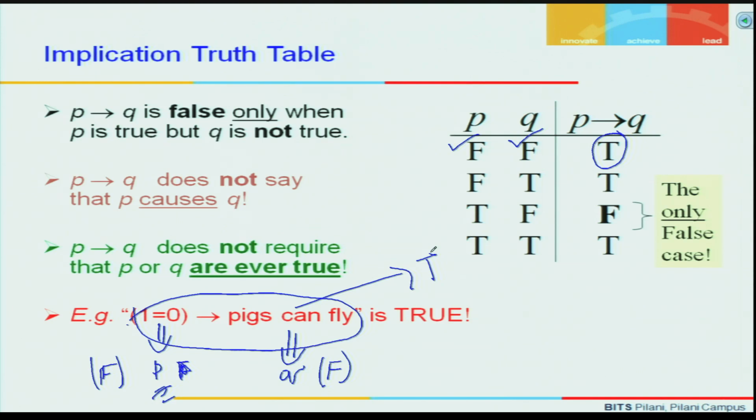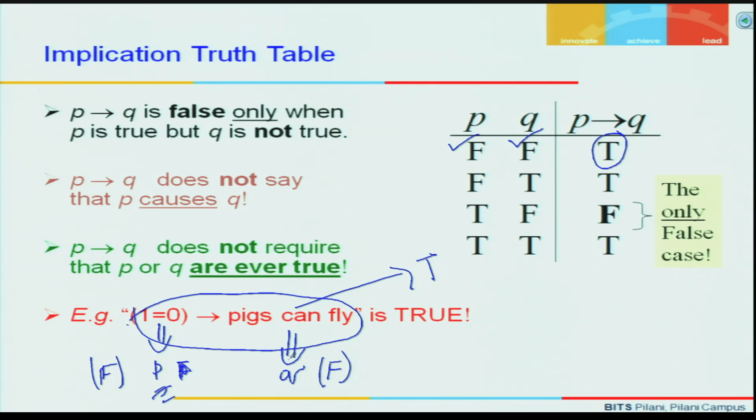We have a complex statement with a couple of propositions and the operator is implies. The compound statement that we have is 1 equal to 0 implies pigs can fly. Then you have two propositions: 1 is equal to 0 assumes the value false, we all know it, there is no confusion.